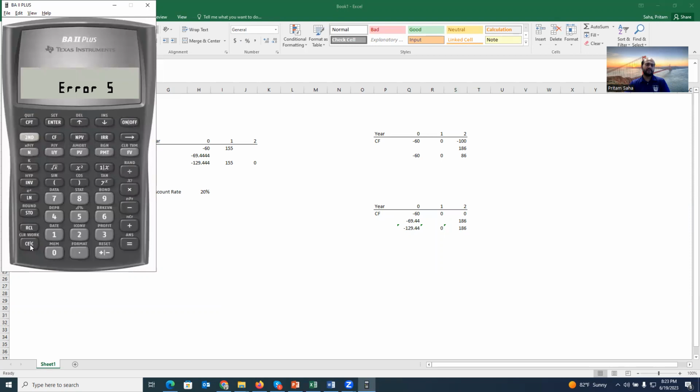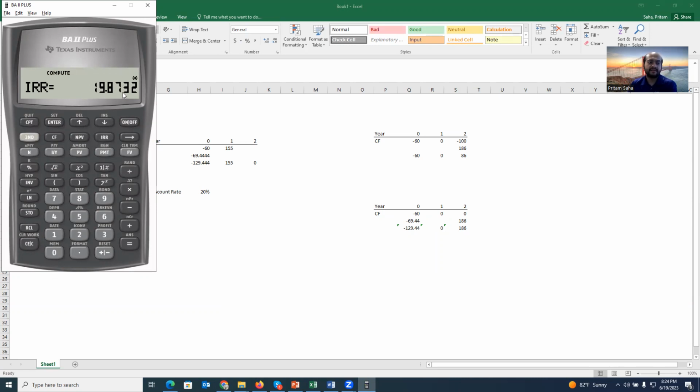Oops, I definitely made a mistake there. Let's do it again. Cash flow, clear. Cash flow 0, 129.44 negative, enter. Cash flow 1 is 0, enter. Frequency 1. Cash flow 2, 186, enter. Frequency 1. Compute IRR.